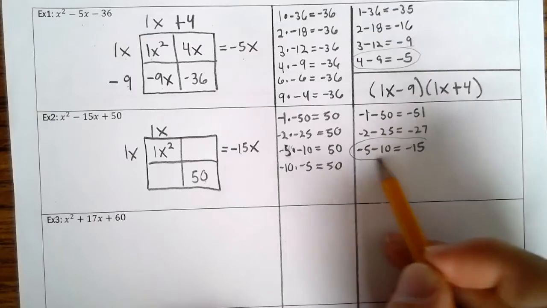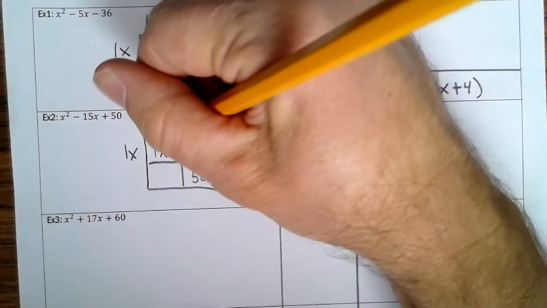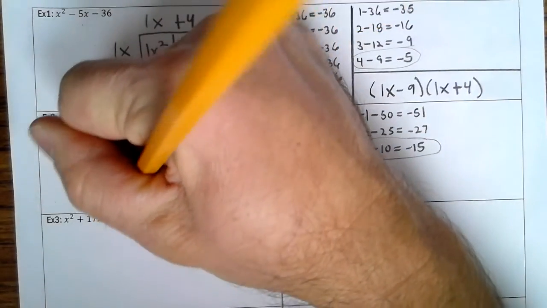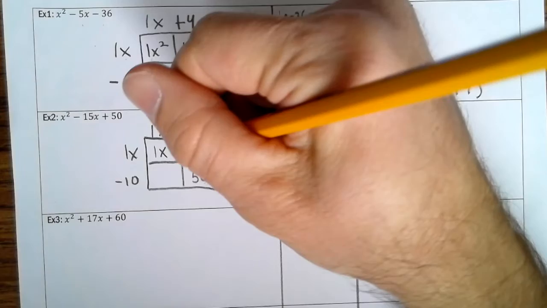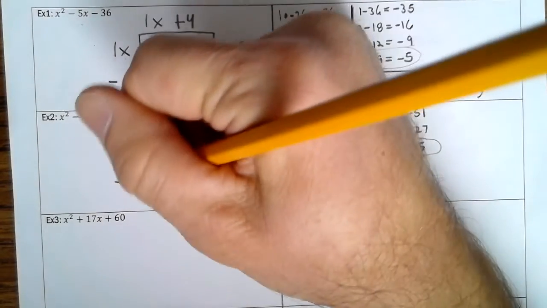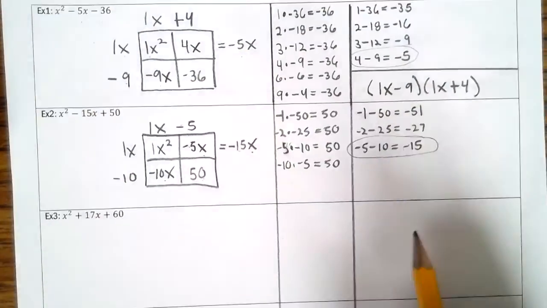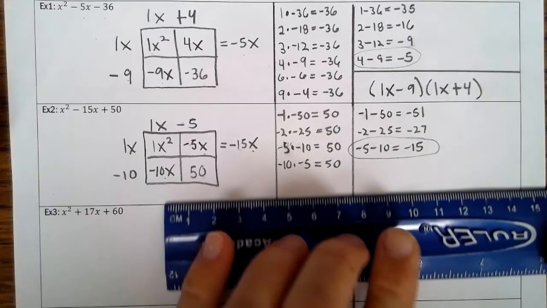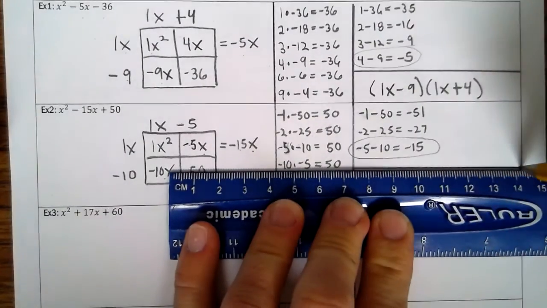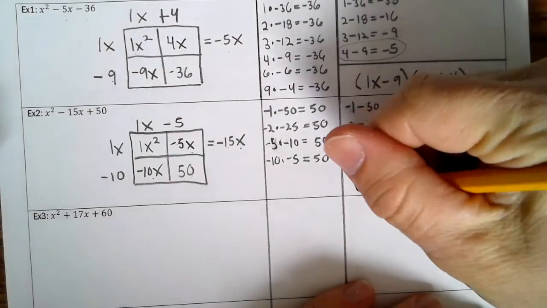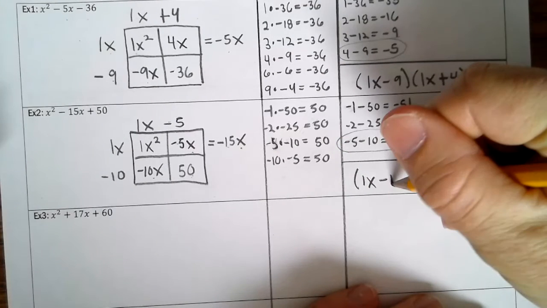So x minus 5, x minus 10. 1x times negative 5 is negative 5x. Negative 10 times 1 is negative 10x. That combines to be negative 15. So you are done. So that's 1x minus 10 times 1x minus 5.